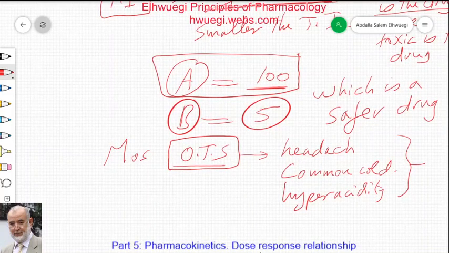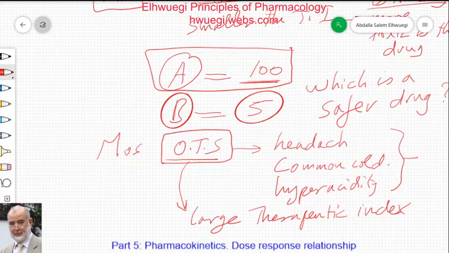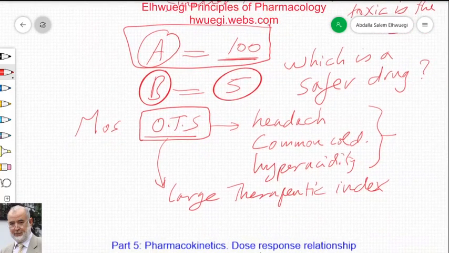So in this case, these drugs should have a very high therapeutic index. They should have a large therapeutic index. Why? Because they are commonly used and there is a possibility of mistake that a person will take, for example, 3 or 4 times the dose recommended.